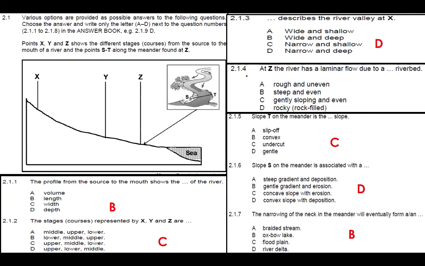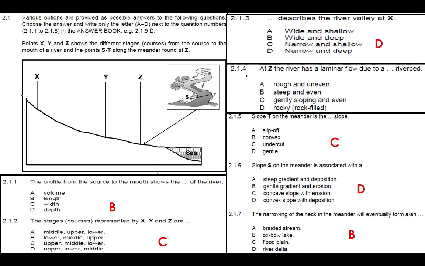Now let's quickly look at these questions here. They say various options are provided as possible answers. Let's look at the first question. The profile from source to the mouth shows the dash of the river.